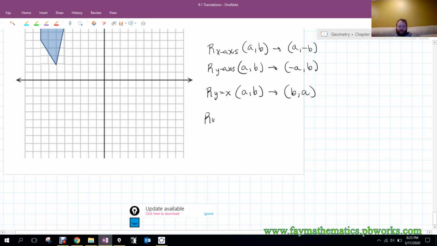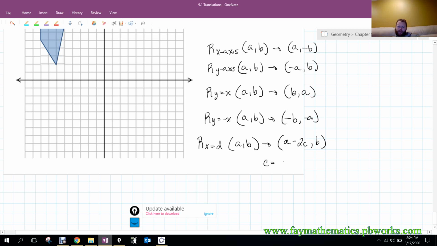If I go over the line y equals negative x, then I start with A comma B, it's going to become negative B comma negative A. And let's say reflect over x equals, I'll call it D here, of A comma B. The algebra of it is that it's going to be A minus 2C comma B, but remember how I found C. C was found by taking your A coordinate and subtracting D from it.